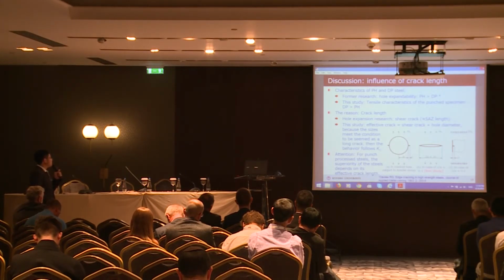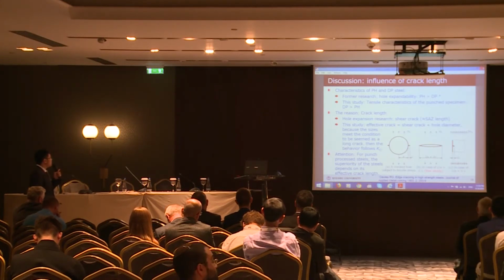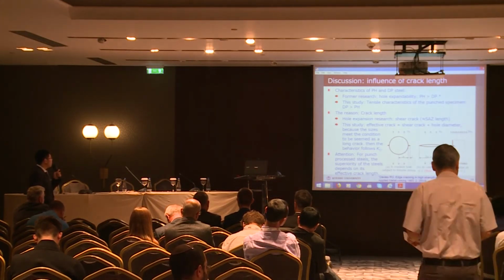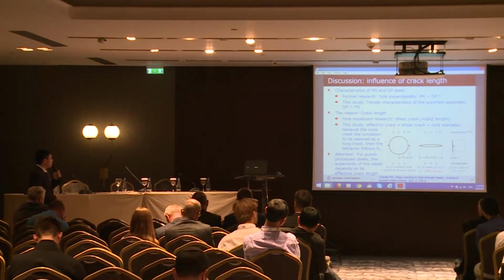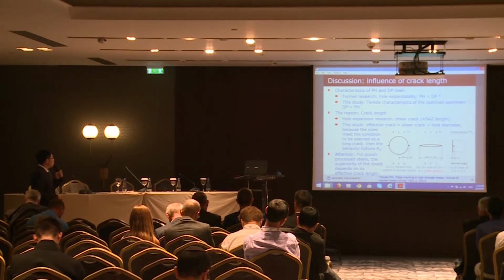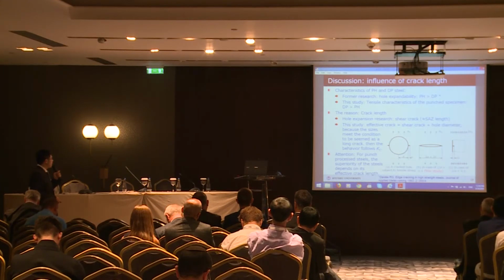Now we discuss the influence of the crack length. As in the former research about hole expansion, the hole expandability of PH steel is better than DP steel. But in this study, the tensile characteristics of the punched specimen of the DP steel are better than PH steel. The reason is considered as the crack length.